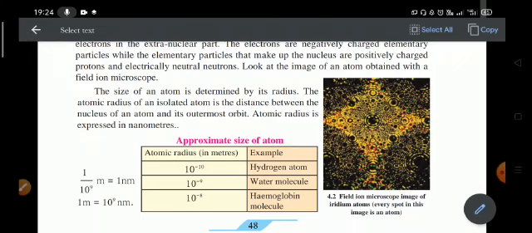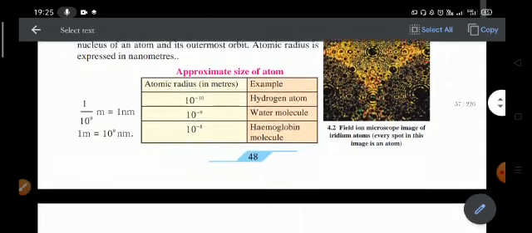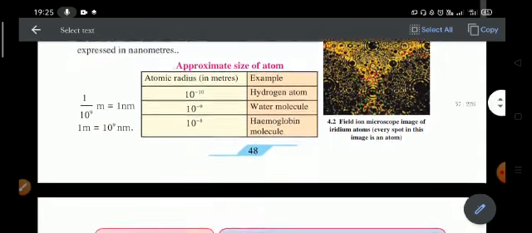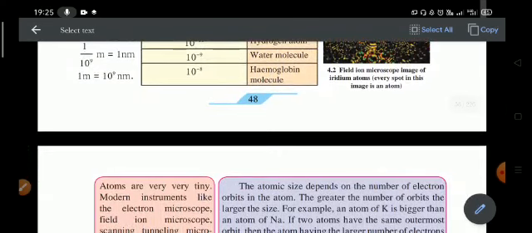Hydrogen atom is of the order of 10 to the minus 10 meters, water molecule is 10 to the minus 9, whereas hemoglobin molecule is 10 to the minus 8. I just hope that you all know what hemoglobin is. It is present in our blood, which supplies oxygen.